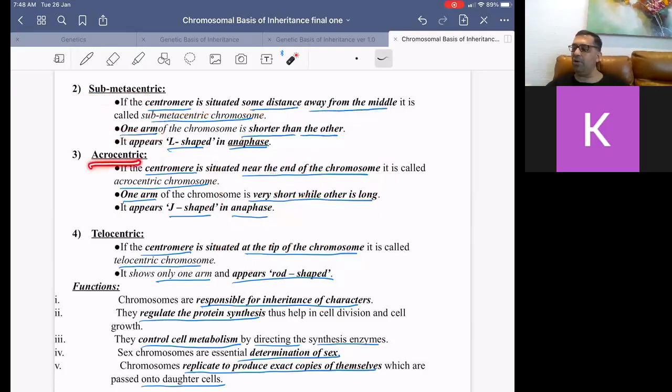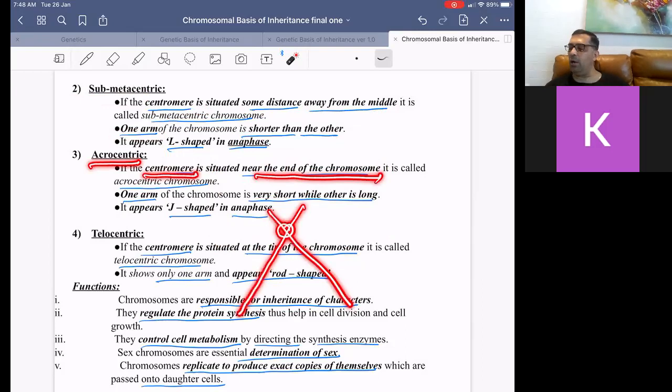In acrocentric, the centromere is situated near the end of the chromosome. One arm is very short while the other is very long.